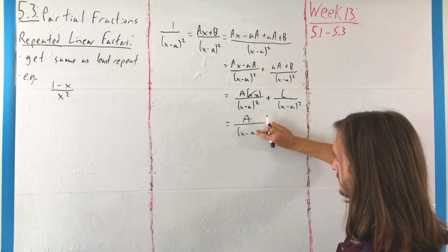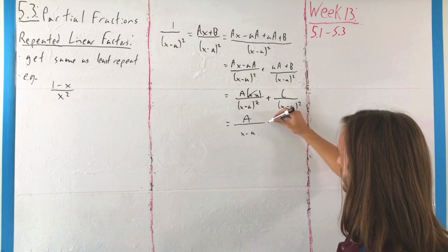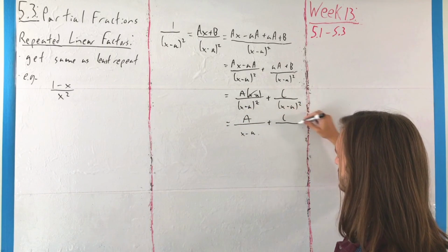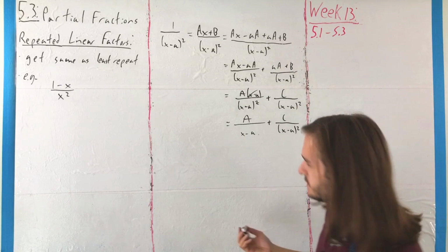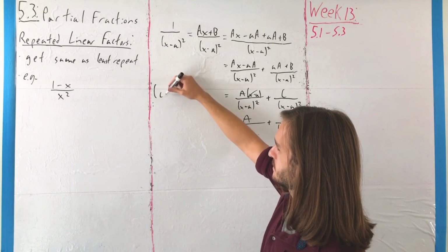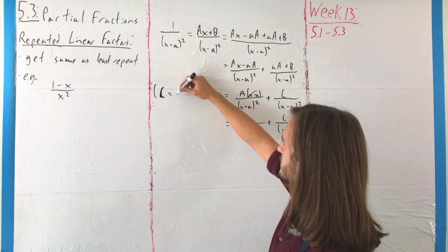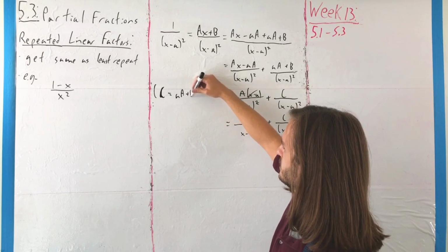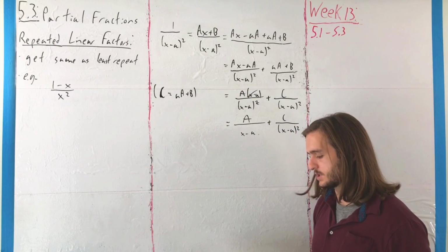So I shouldn't even need those parentheses anymore, because they aren't necessary without an exponent, plus some other constant C over x minus a squared, where, just to be sure, big C is equal to small a times a plus b. It's just a re-representation of our constant to save a little bit of notation.